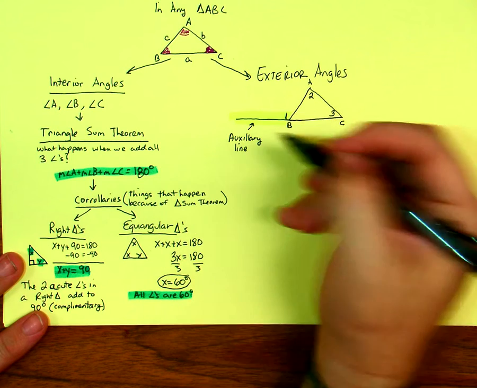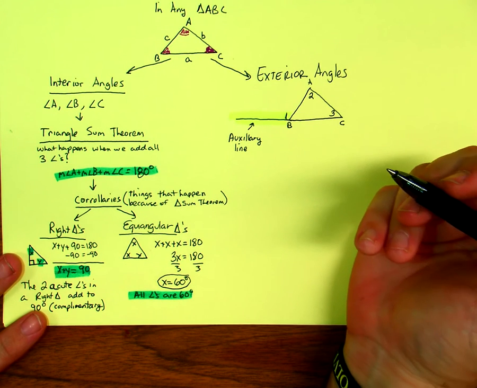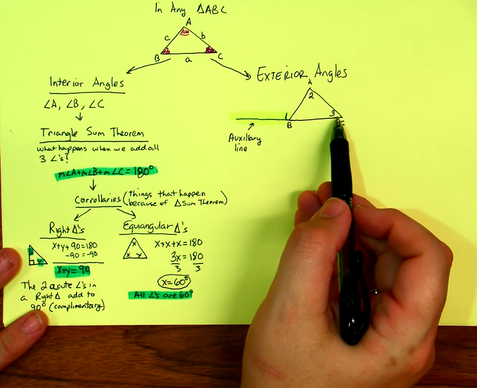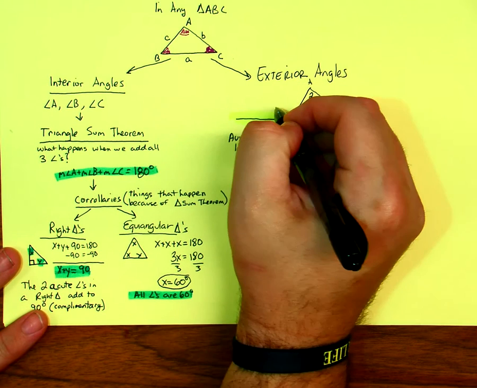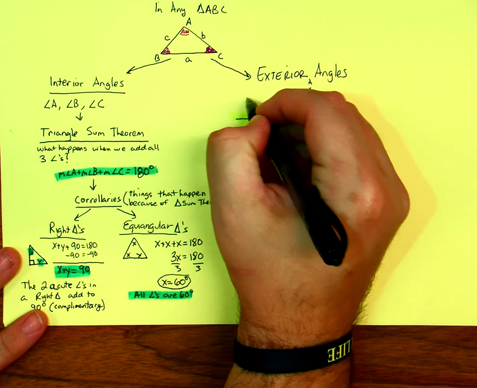And what we do is we take one side and extend it. And then what we create here is what we call an exterior angle.